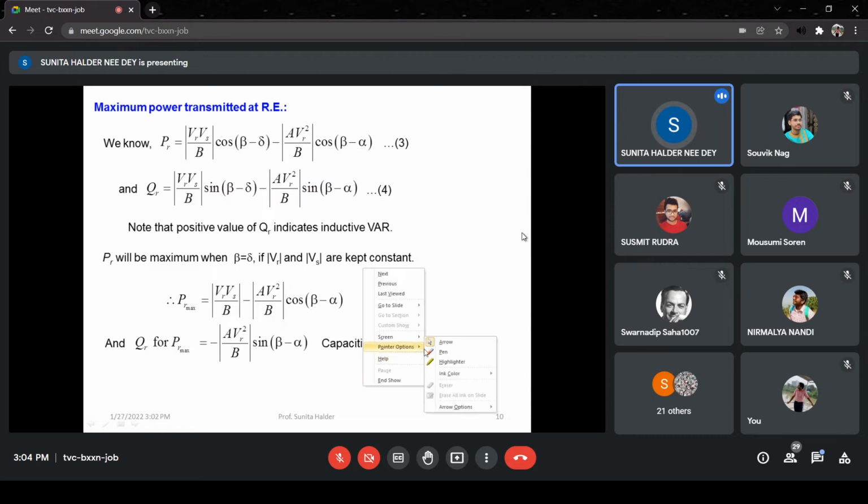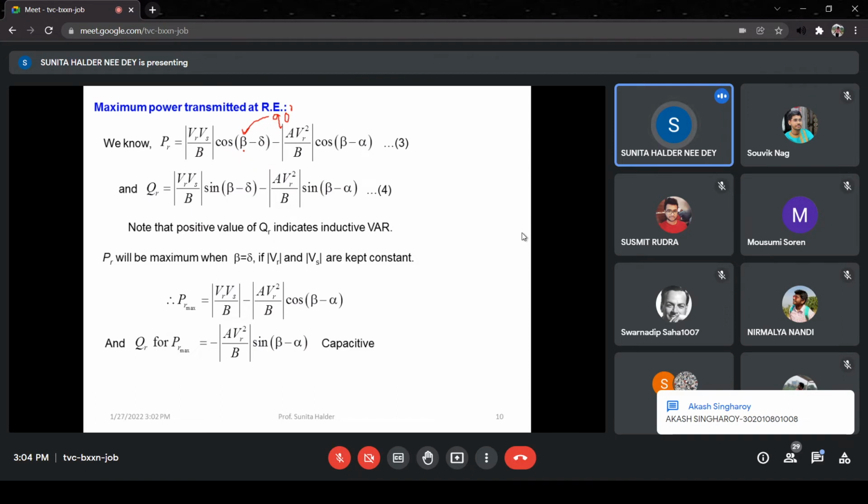Now, when we do this in our stability study, I do not know whether you have done it or not, we assume delta equal to 90 degrees, right? And for normal operation, delta equal to beta equal to 90 degrees. Why 90? Because it is the angle of impedance, more or less, so it is 90 degrees. And for the ABCD parameters, alpha is more or less 0.